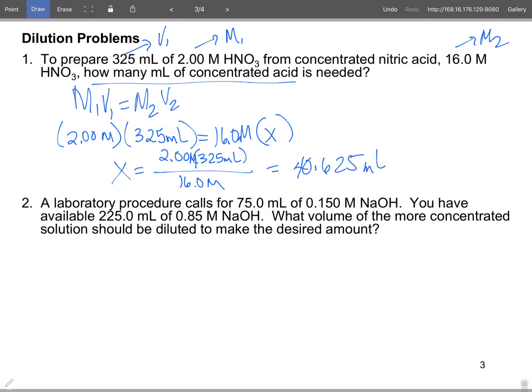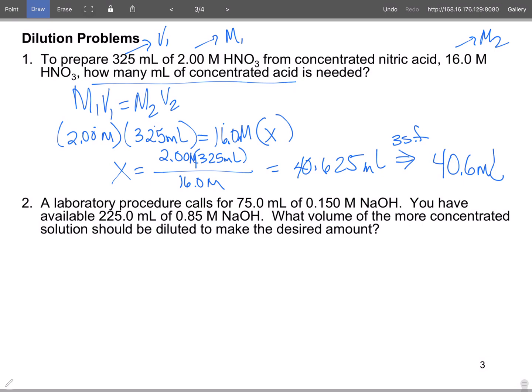If we look at it, we have 3 significant figures, 3 significant figures, and 3 significant figures, so we'll report it as 3 significant figures: 40.6 milliliters. So you would take 40.6 milliliters of the concentrated and dilute it to 325 milliliters, and you would have the solution you need.